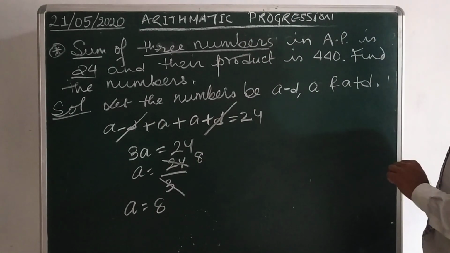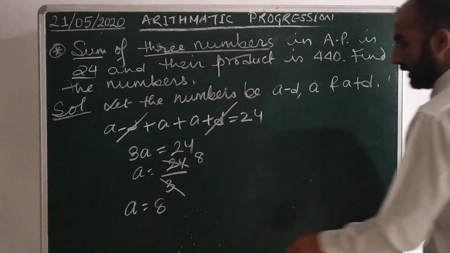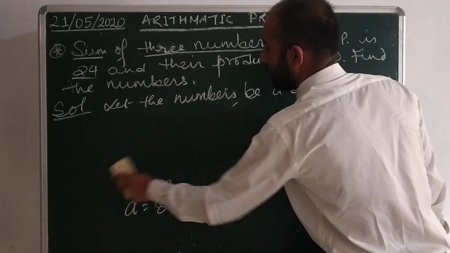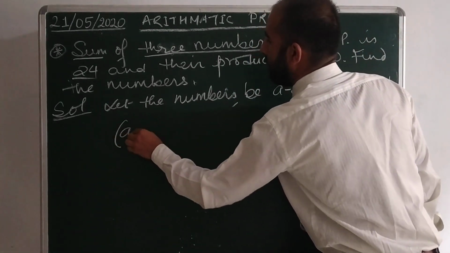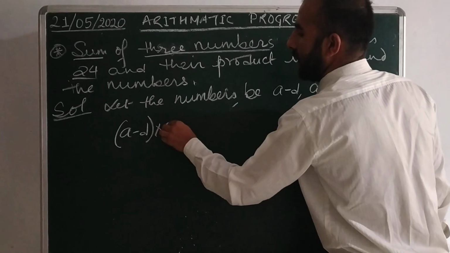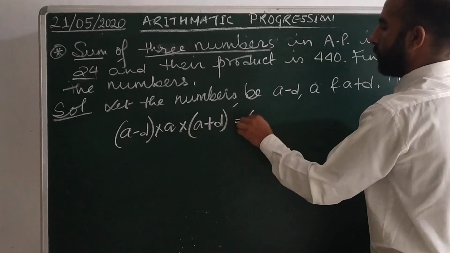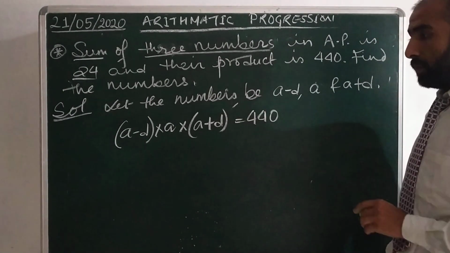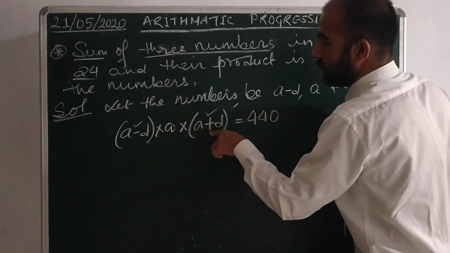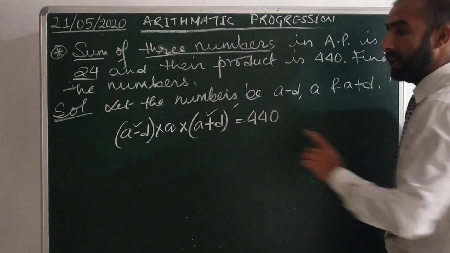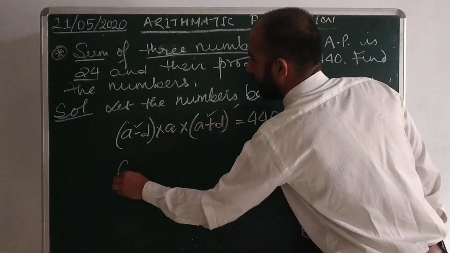So what is the second condition given to us? Their product is given as 440. Product means multiplication. That is A minus D into A plus D, which is given as 440. So let me group these two, because you see that these two can be written using a formula.